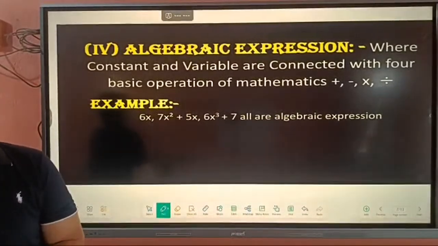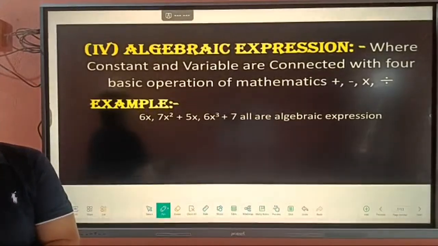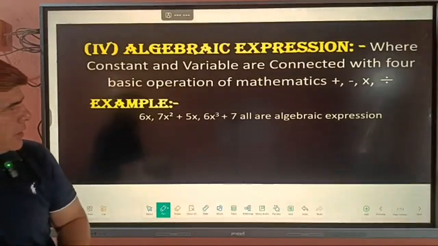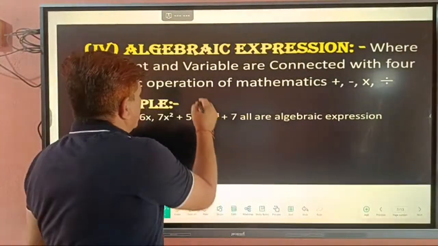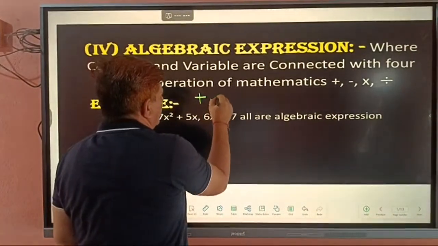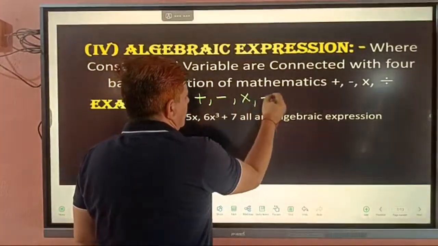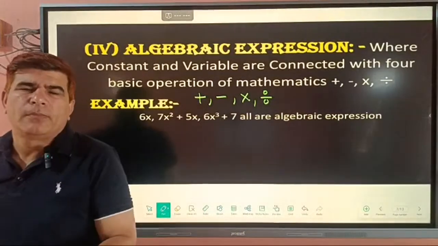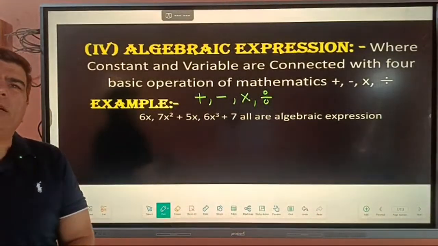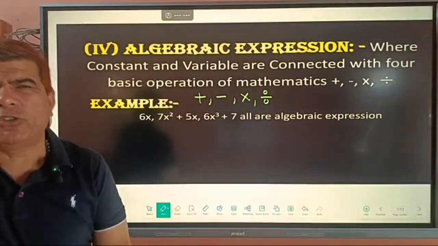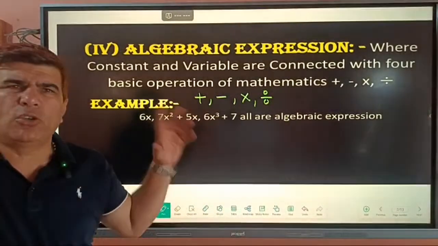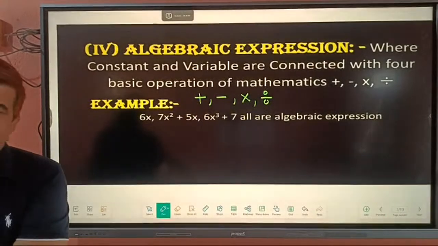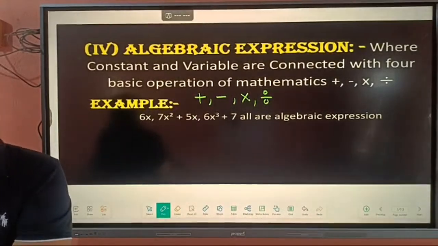Here constants and variables are connected with the 4 basic operations of mathematics, which all of you know. So anywhere constants and variables are connected with these 4 basic operations, that is known as an algebraic expression. If you ask a graduation student what an algebraic expression is, they are not able to tell.